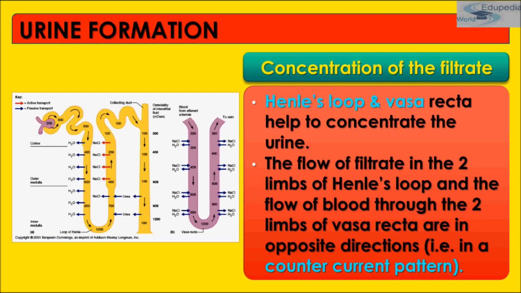As a result, after passing through the PCT, the filtrate is hypertonic. Even while passing down the descending limb of the loop of Henle, the filtrate becomes hypertonic as water is reabsorbed. In the ascending limb of Henle's loop, however, the filtrate loses NaCl and becomes hypotonic to blood plasma.